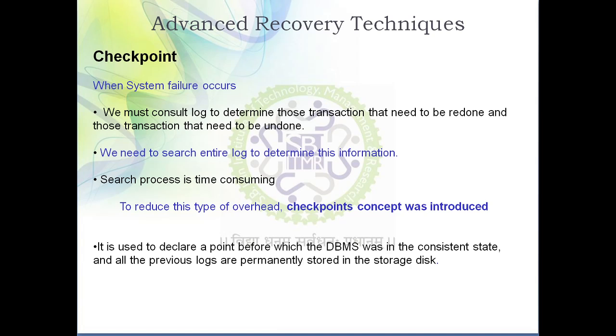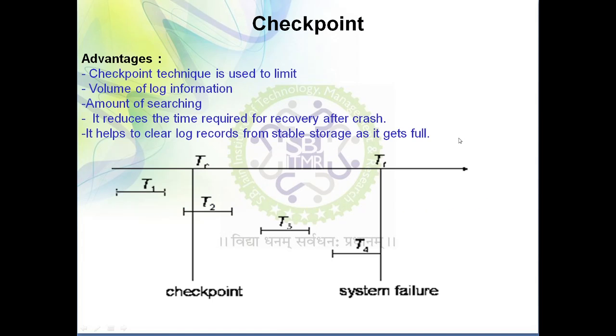Now let's take a simple example or diagram through which we understand the concept of checkpoint. Here you can see there are 4 transactions, T1, T2, T3 and T4, and here I have set a checkpoint. This means that before this, my database is in a consistent state and all the logs I have taken as a backup and stored in the storage disk.